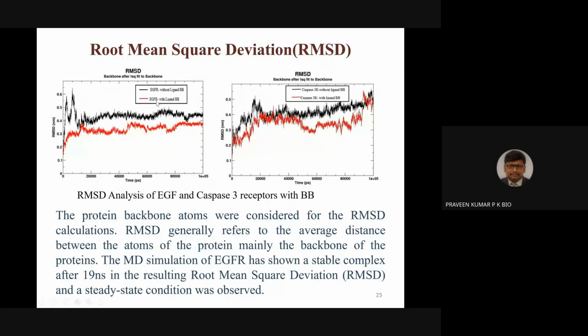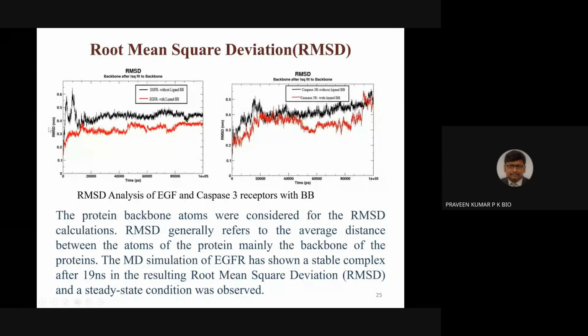One is epidermal growth factor receptor. If your compound is docked with EGFR, it is shown in red color here. If it is not docked, you have only EGFR in black color. The black color shows the EGFR protein alone, but this BB-EGFR complex is the red color.